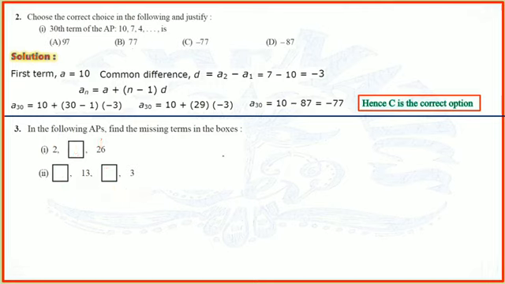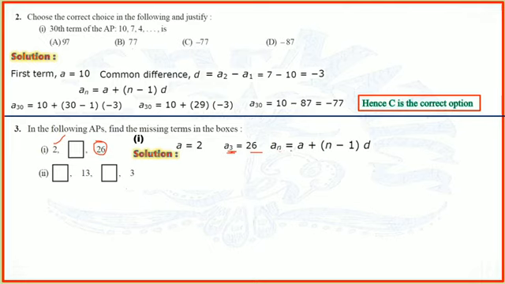So we'll proceed with the solution for these questions. First of all, we take part number 1. a is equal to 2, it is given, and the last term, which we can call the third term, is given as 26. Now the nth term is an is equal to a plus (n minus 1) into d.